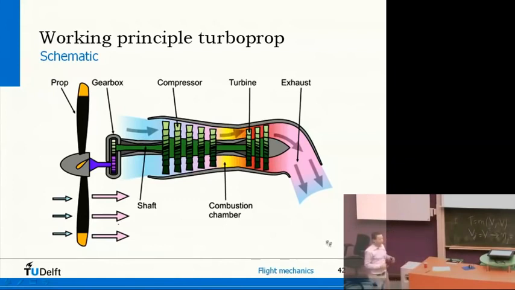So instead of letting the air out at the end at a high velocity, you use the energy still left in the air to drive the propeller. There's a shaft going to the propeller, and there might be a gearbox to make the propeller rotate at the appropriate speed. Basically, all the energy is used to drive the propeller instead of accelerating the air.